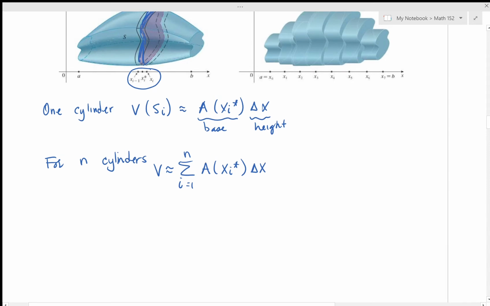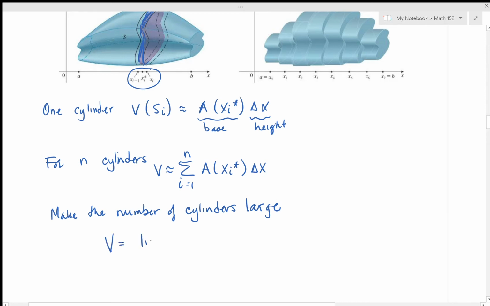Then we make the number of cylinders large, and we get the exact volume in the limit.